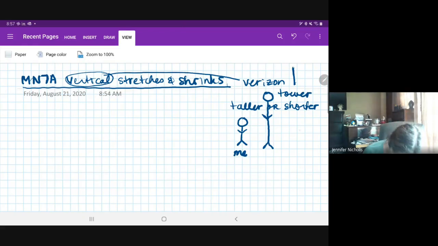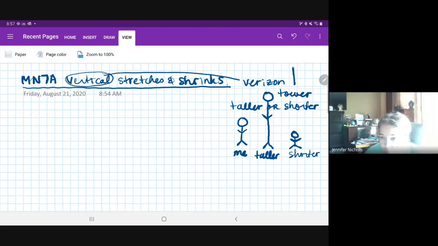Now if you got shorter, head stays the same, arms stay the same length, legs stay the same length. Now, doesn't the taller one kind of look skinnier?